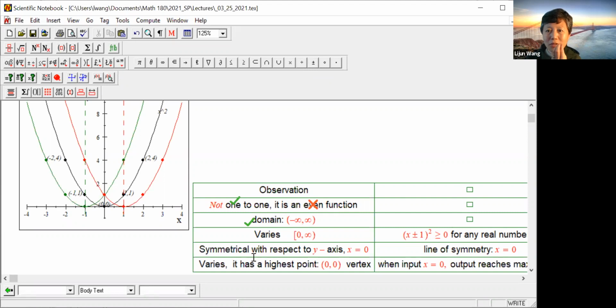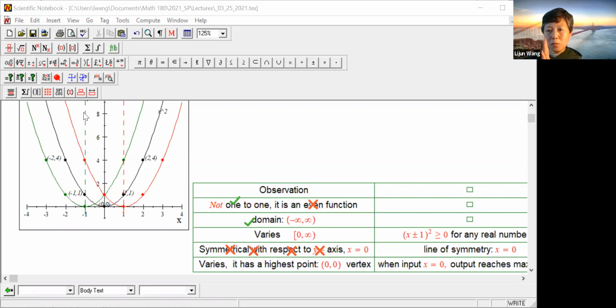How about the line of symmetry? Is it still symmetrical with respect to the y-axis? Not anymore. So this feature varies, but does it have a line of symmetry? Yes, they're just being shifted, right?